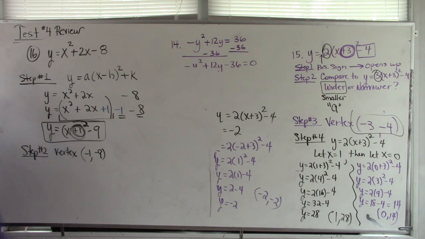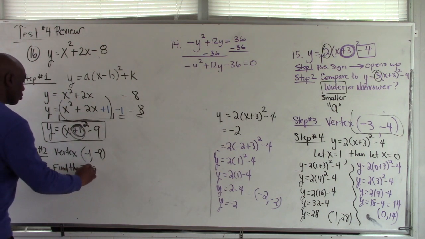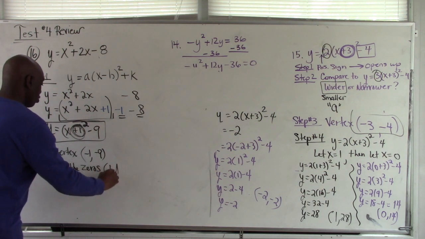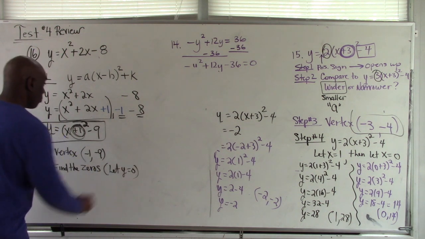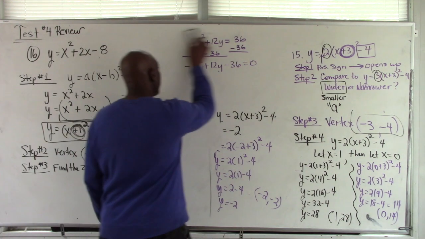Negative 1, negative 9. All right. Find the zeros. Step 3. Find the zeros. How do you find zeros? You must let y equal 0. Let y equal 0. That's how you find the zeros, by letting y equal 0.